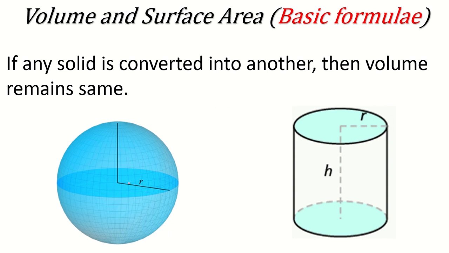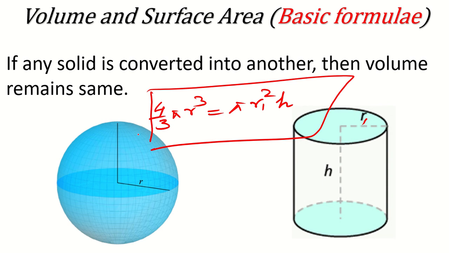So the question can be, if the radius here is r1, then the volume of a sphere is 4 by 3 pi r cube, and the volume of the cylinder will be pi r1 square h. You will make this type of equation, and then find the required values. But remember one thing, when any object is melted and recast into another object, its volume will remain the same, it will not change, and this will help you solve some questions.